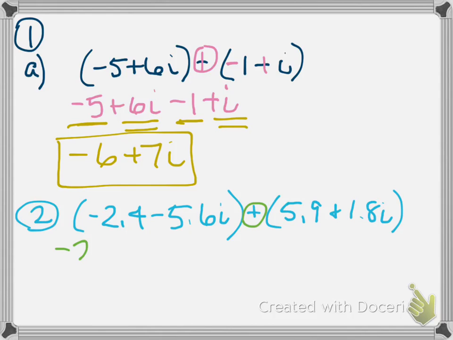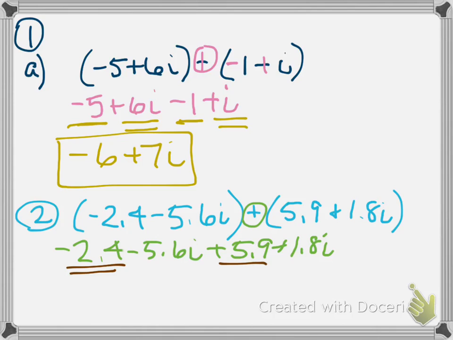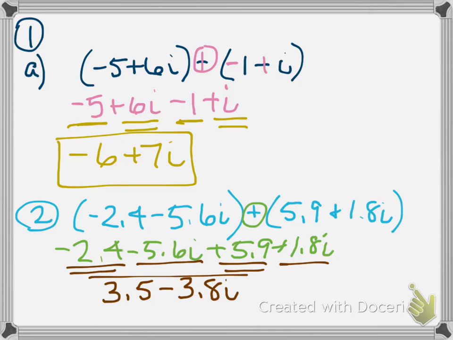So I just simply drop the parentheses: negative 2.4 minus 5.6i plus 5.9 plus 1.8i. Look for your like terms. Negative 2.4 and 5.9 makes 3.5, and negative 5.6i and 1.8i makes negative 3.8i. And there's our solution for number 2, or B.